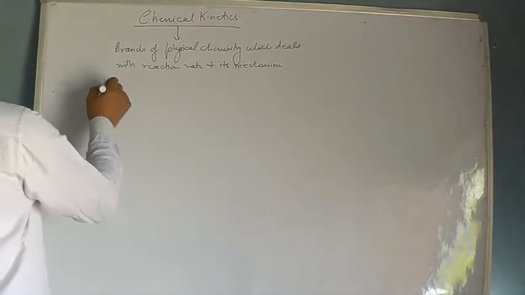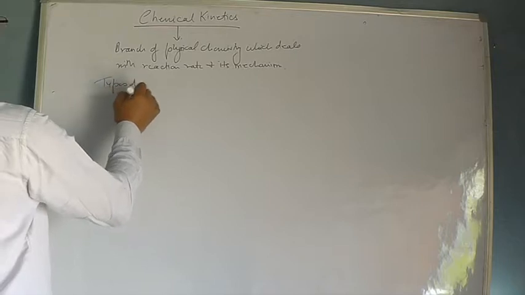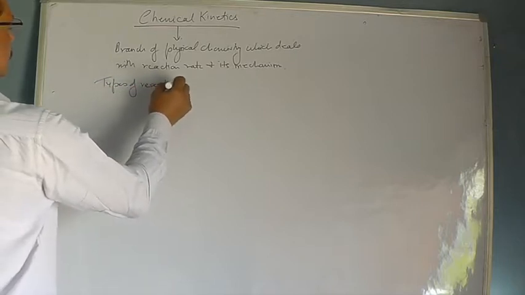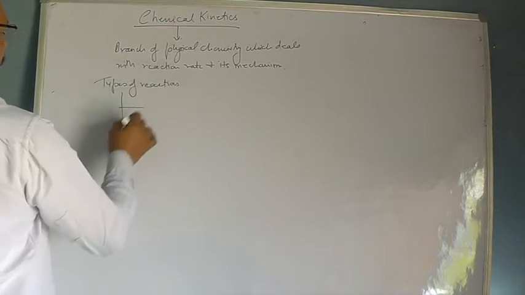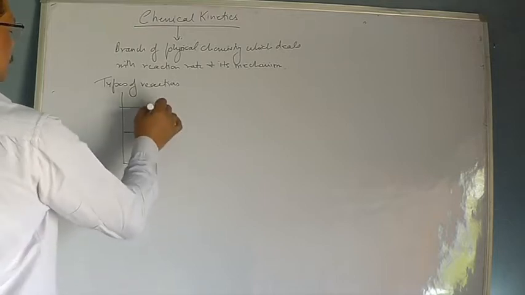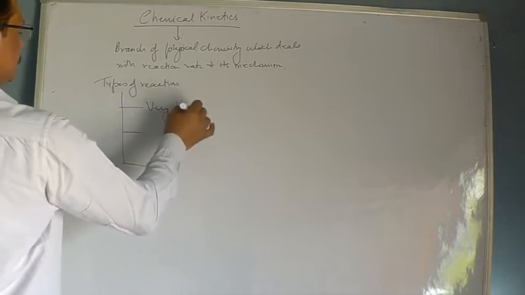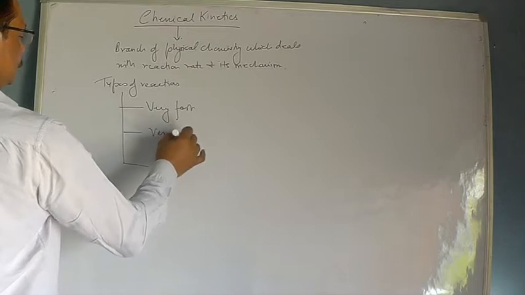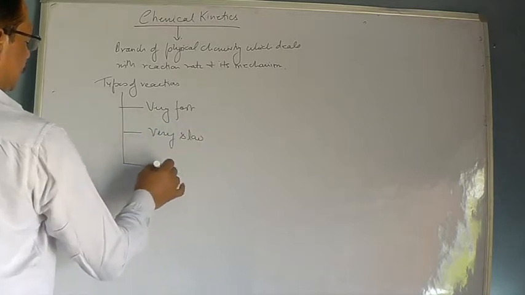Class, types of reactions. Three types: very fast, very slow, and moderate reactions.